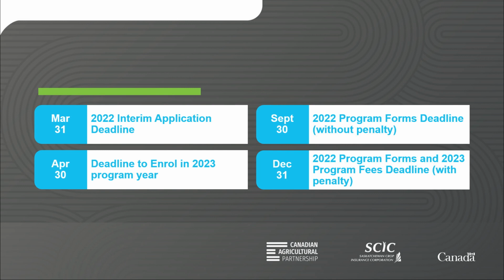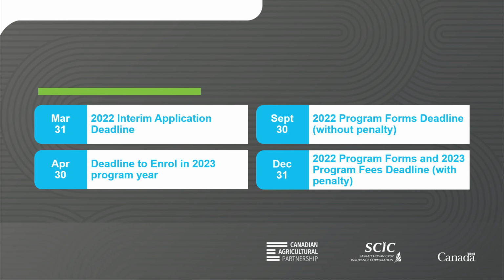So for each month that you are late, October, November, or December, if you're in a benefit situation, $500 per month, to a maximum of $1,500, could be deducted from your benefit. If you're not in a benefit situation for the 2022 program year, there is no penalty assessed against the 2022 program. And also, December 31st is the final deadline to pay your program fees for the 2023 program year.